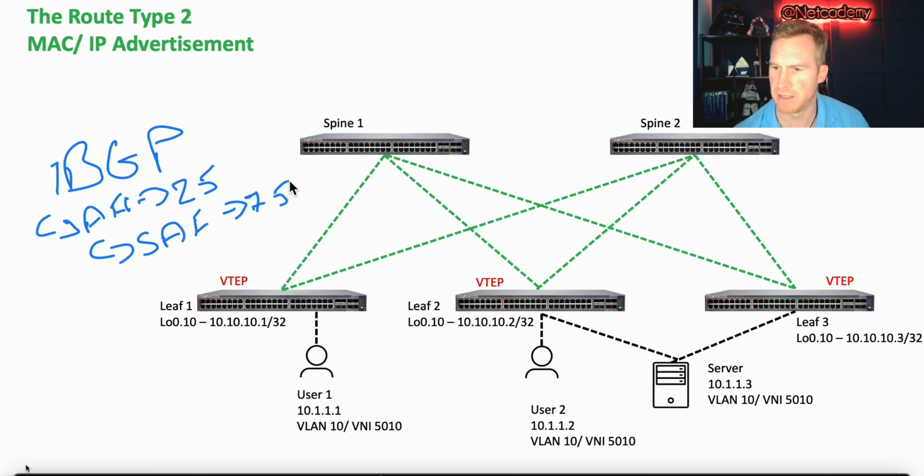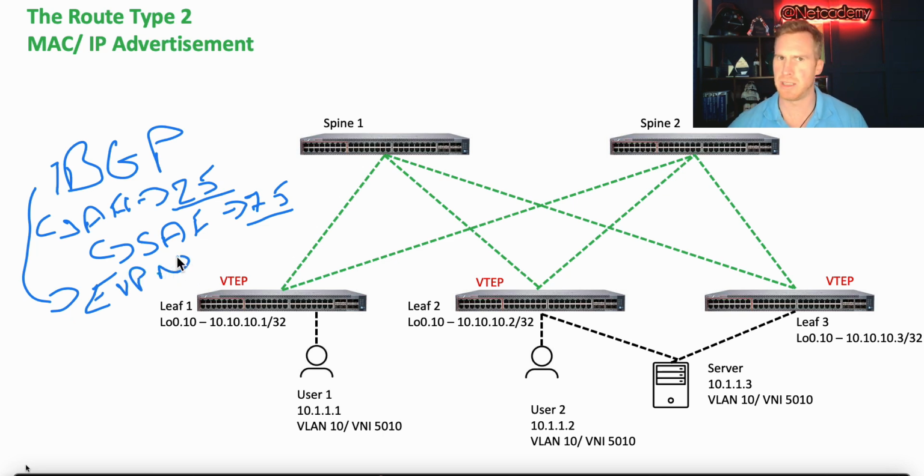Basically, just know that together, the address family indicator and subsequent address family indicator detail that within those update messages, this is EVPN, or Ethernet Virtual Private Network. And because EVPN is based on MP-BGP, BGP at the end of the day, we are doing update messages of network layer reachability information, or NLRI.